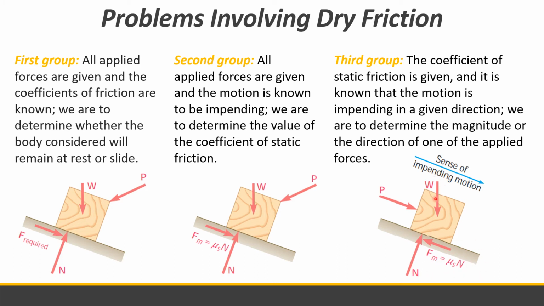And with the weight, the only thing to find is our P. So this type of problem asks, how much will you apply to move the block? So that is the type of problem. As you can see, Fk, the kinetic friction or the in-motion case, is not included. It is only in the impending motion portion.